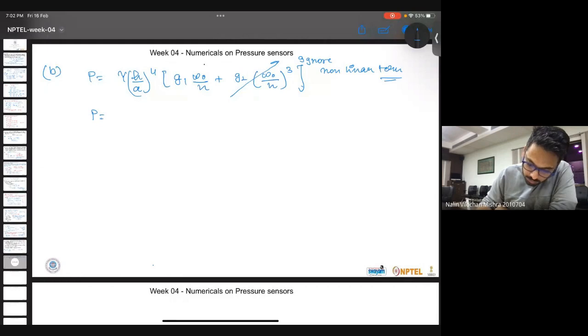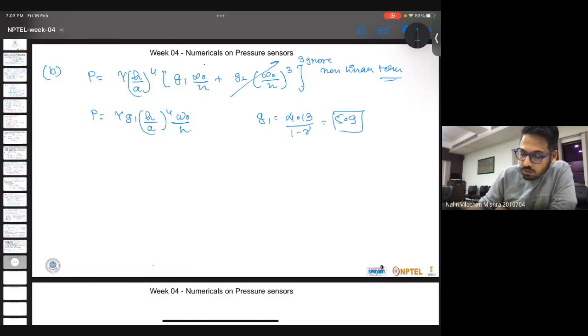So P can be written as Y G1 H by A to the power 4 W naught by H. Here the value of G is given as 5.9. This value is for silicon.